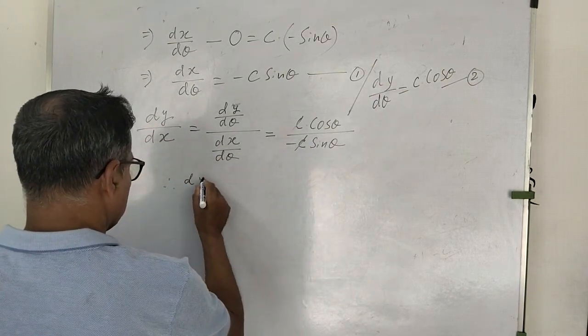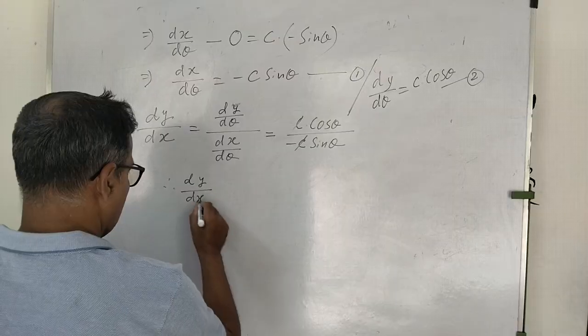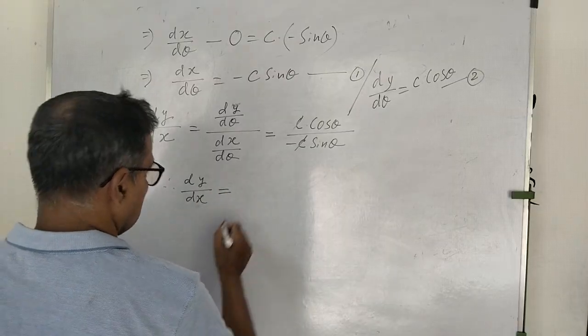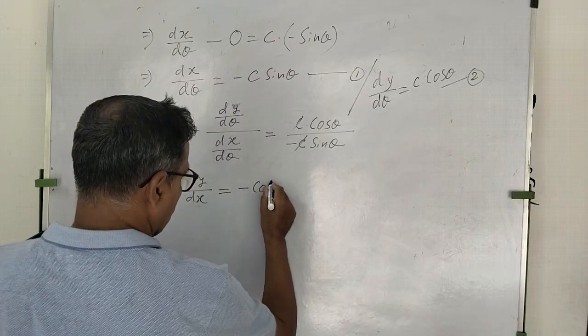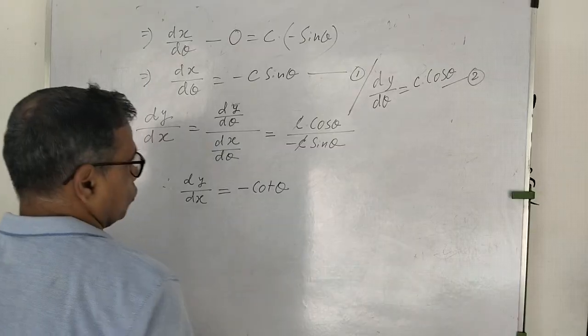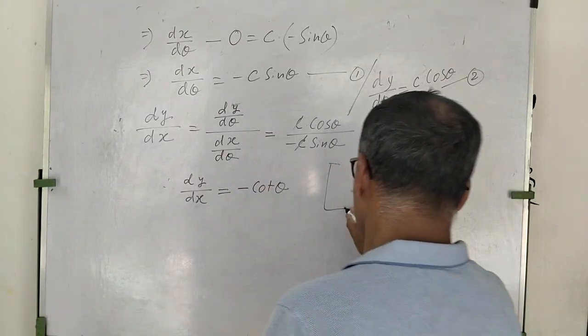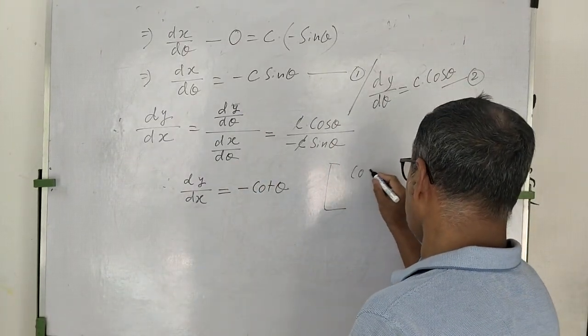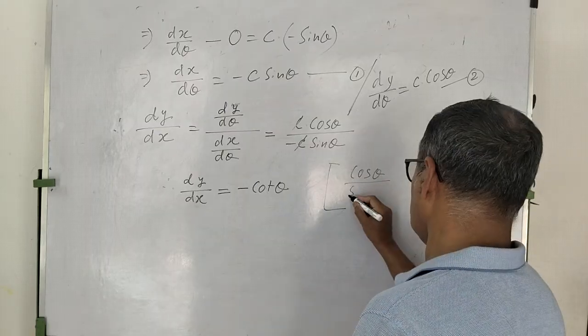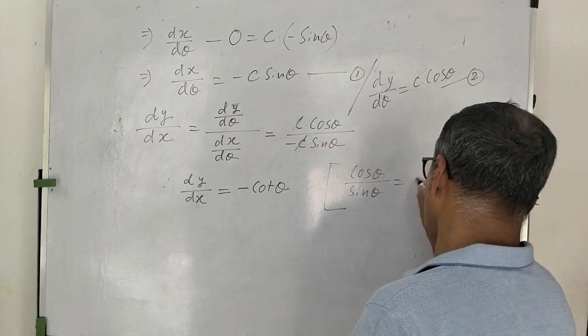Therefore, dy/dx equals −cot θ. We know cos θ by sin θ is cot θ.